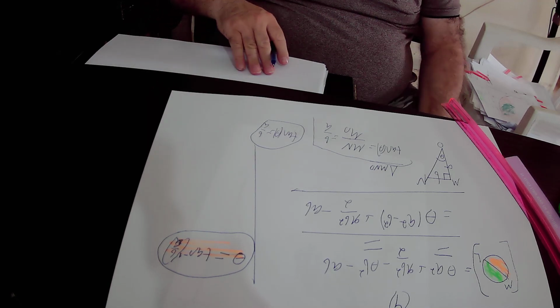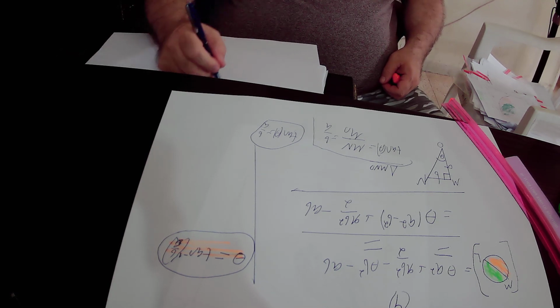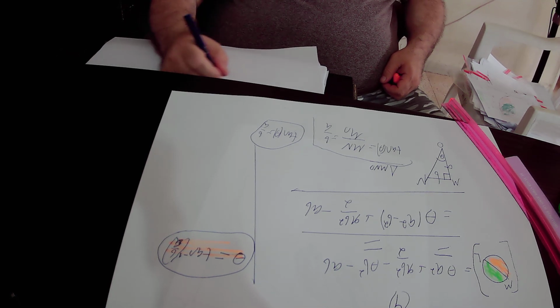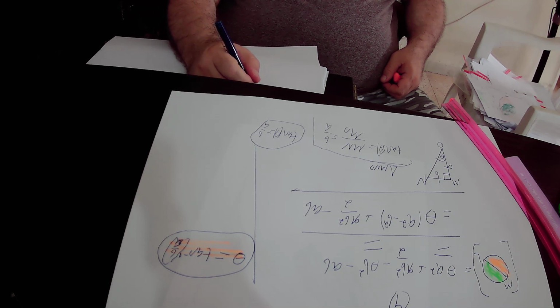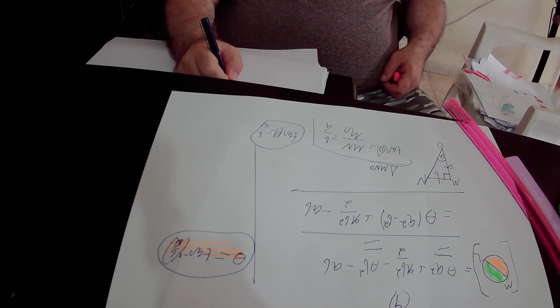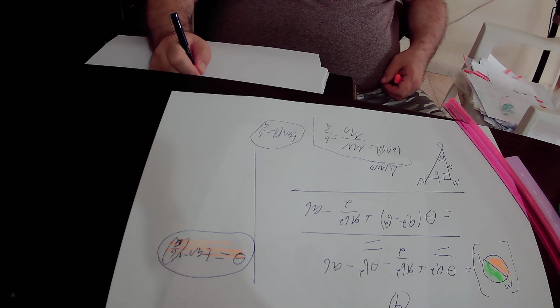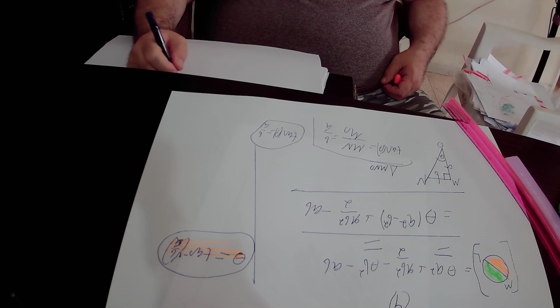So now we'll substitute theta by tangent minus 1 of B over A, and we'll multiply it by A squared minus B squared plus pi B squared over 2 minus AB.